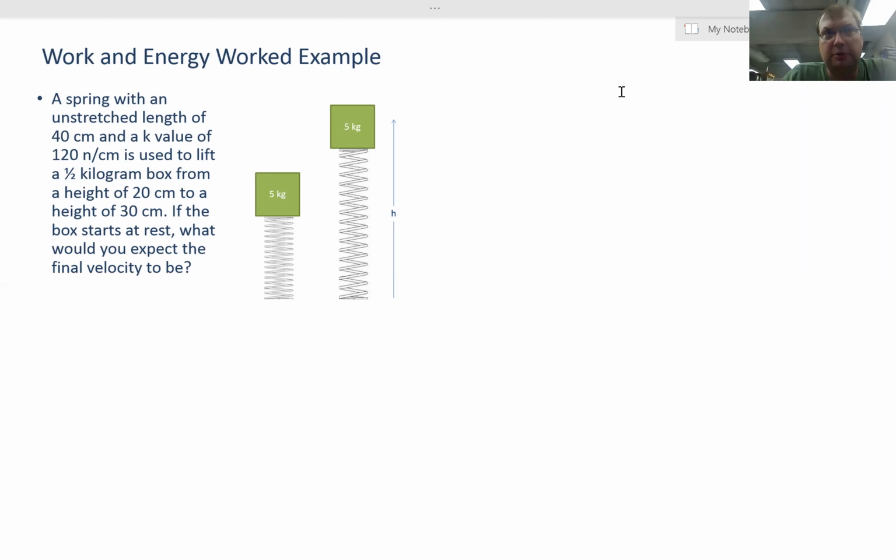So if we recall, the work that a spring can do is equal to 1/2 k multiplied by the change in length.